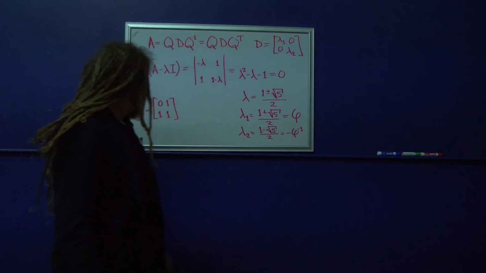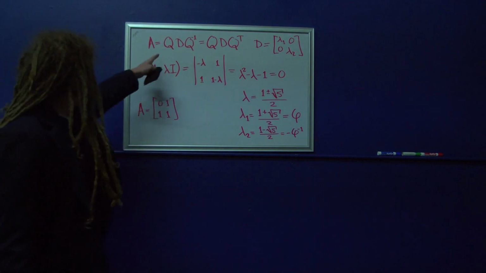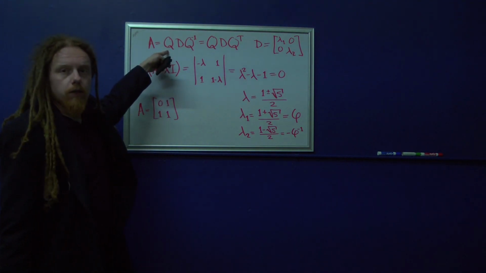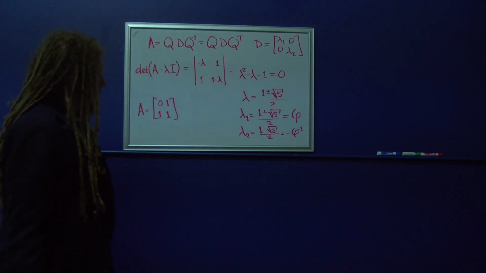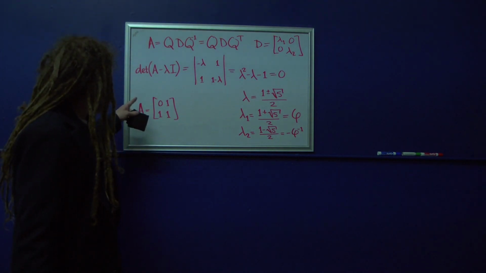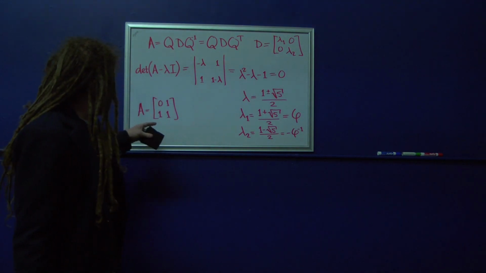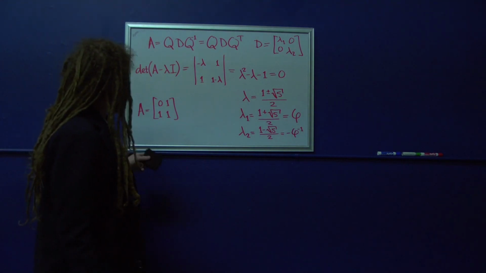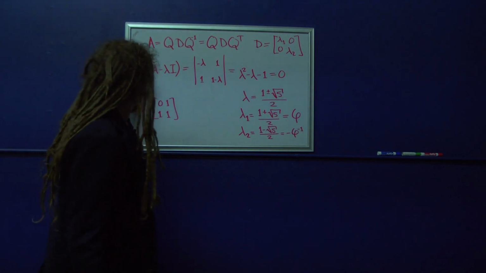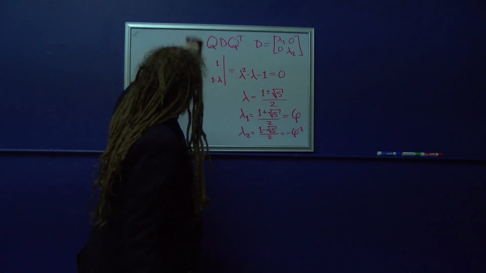Okay, well, that's good. We know our eigenvalues. We haven't determined the change of coordinates, right? Let's see if we can determine what our eigenvectors are going to be.